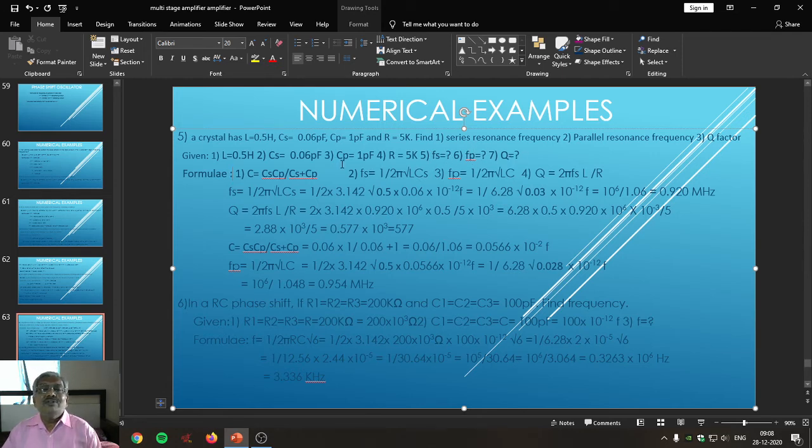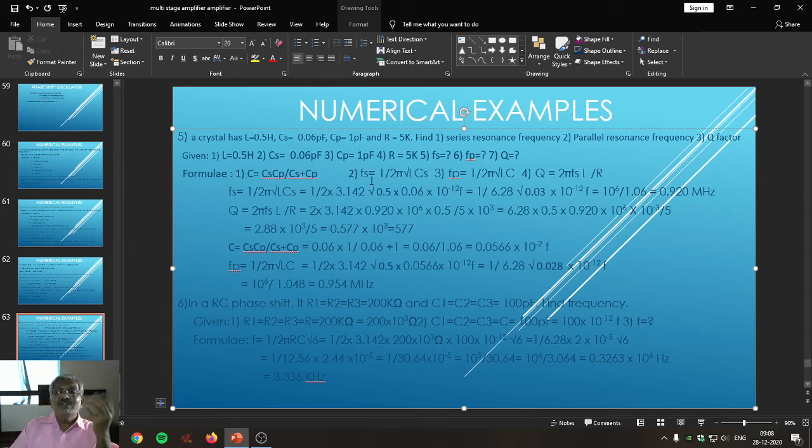First of all, here C needs to be calculated for calculating the parallel resonating frequency. Therefore, we have taken this formula: C is equal to Cs Cp upon Cs plus Cp.